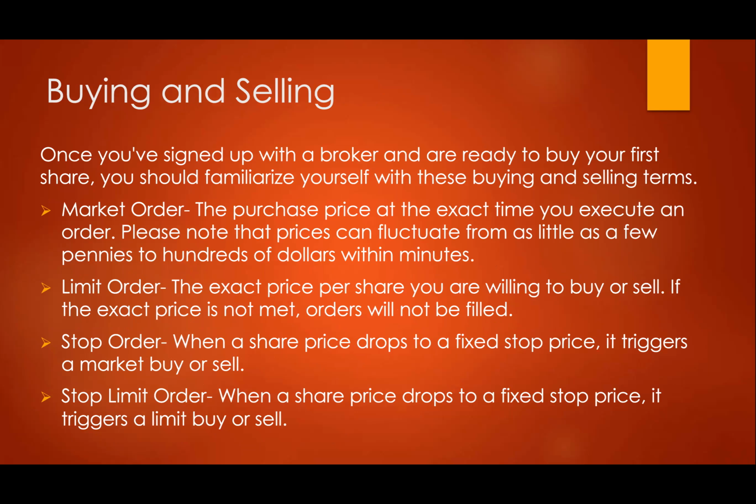But when you're ready to make a purchase using Nike, for example, the market order is a purchase at the price at the exact time that you execute the order. So if I'm getting ready to make a purchase at 9:30 a.m. and the price of Nike happens to be $100 at the time I hit execute, I will purchase one share at $100.